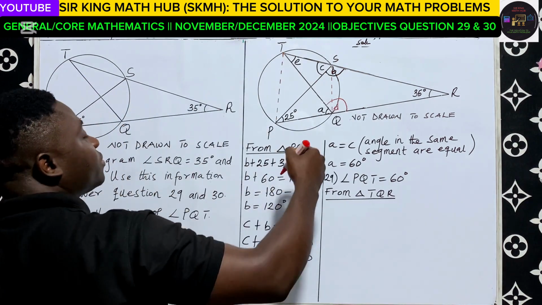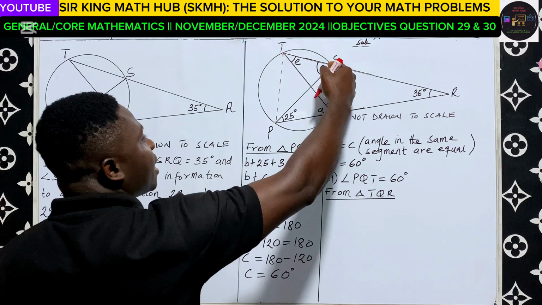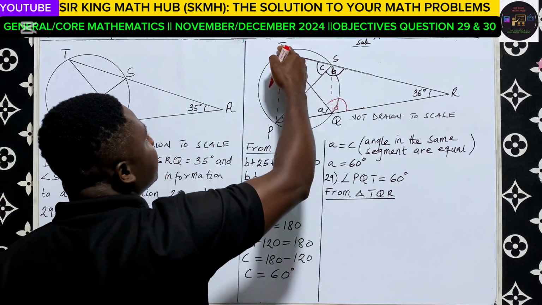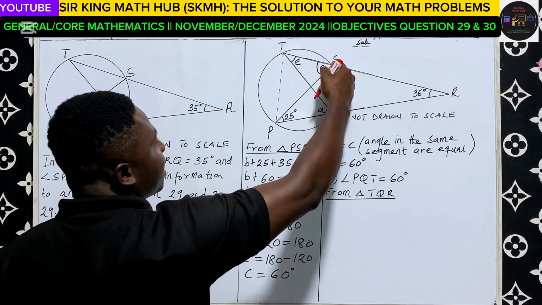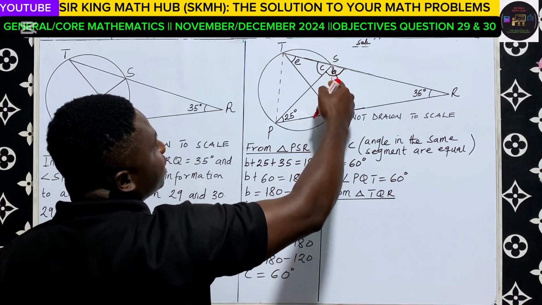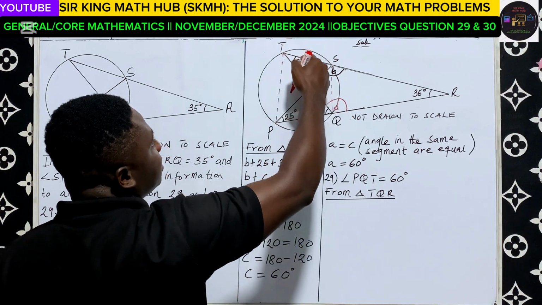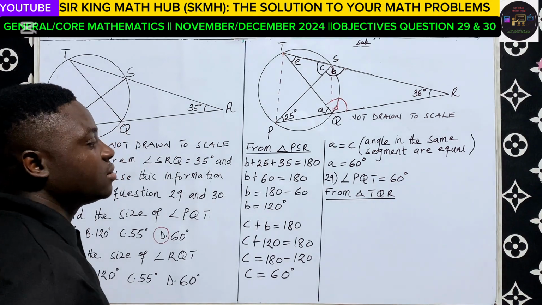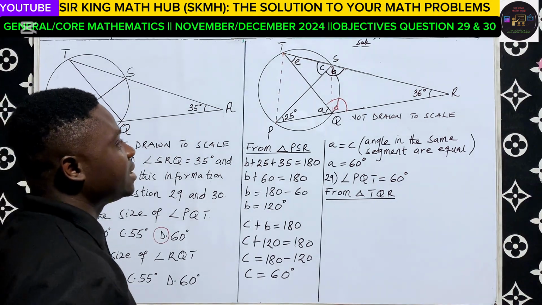Again, the angles a chord subtends at the circumference in the same segment are equal. We have chord SQ subtending two angles, one at E and one at 25 degrees. So they are equal.